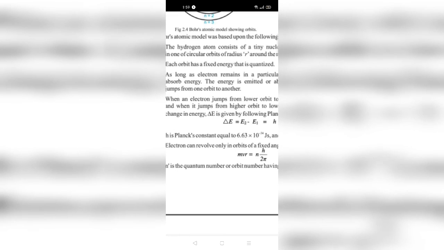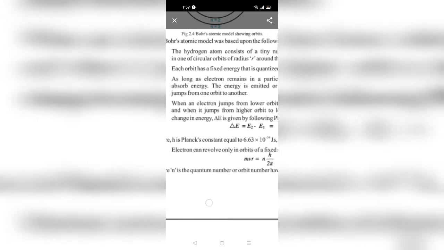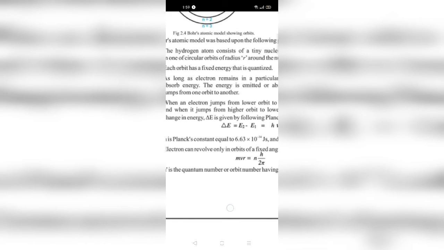For example, if we want to calculate the angular momentum of the first orbit, we put 1 in place of n, and then put the values of h and 2 pi, and from this equation we can calculate the angular momentum of the first, second and third orbits.